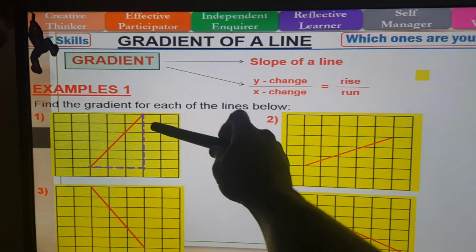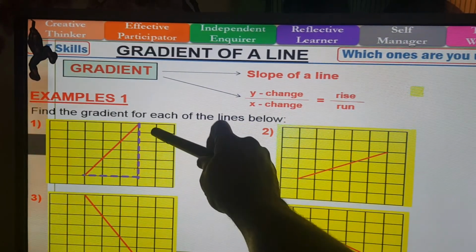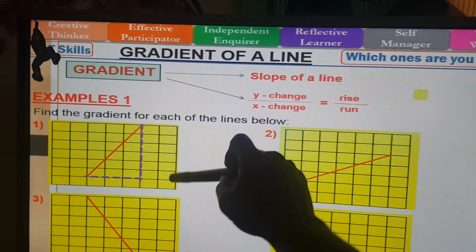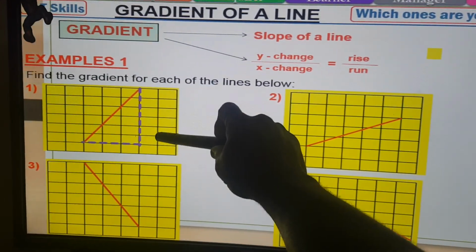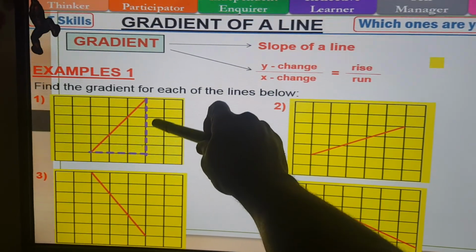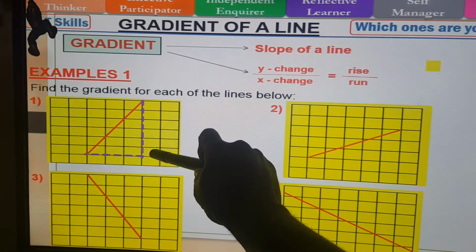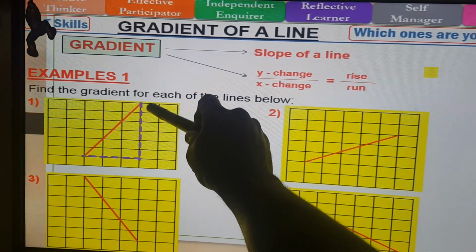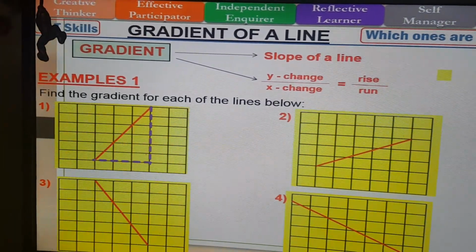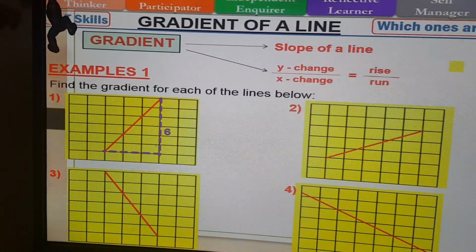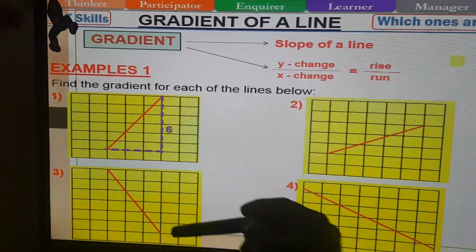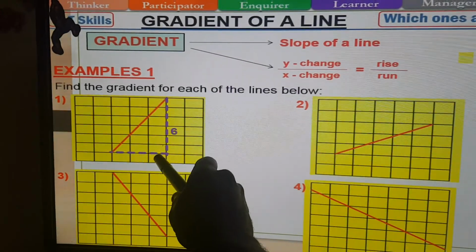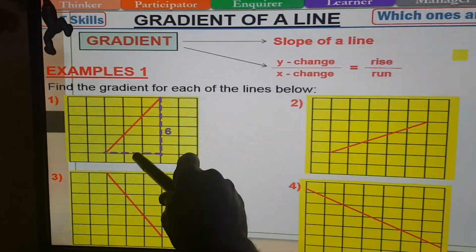This is a change in y over change in x. Now, for the change in y, we're moving how many units vertically? 1, 2, 3, 4, 5, 6. So this is going to be 6 units vertically. And the change in x, how many units horizontally? 1, 2, 3.